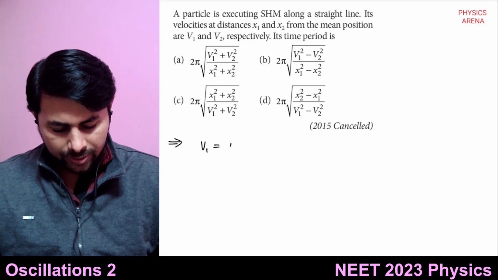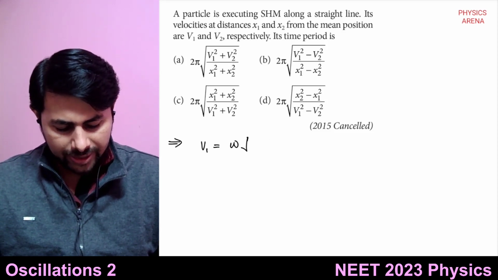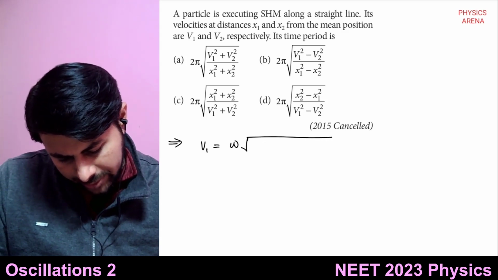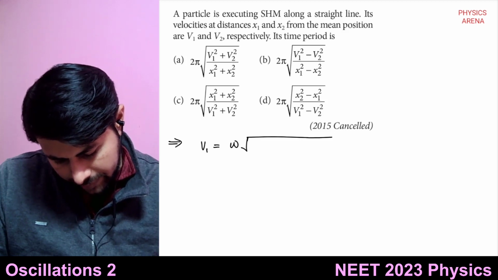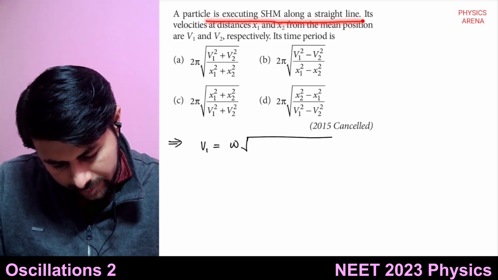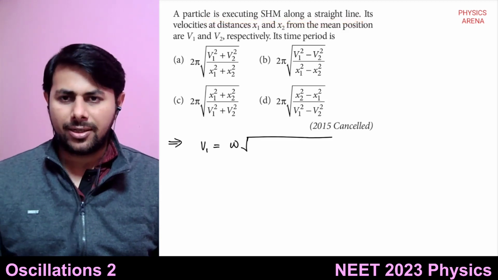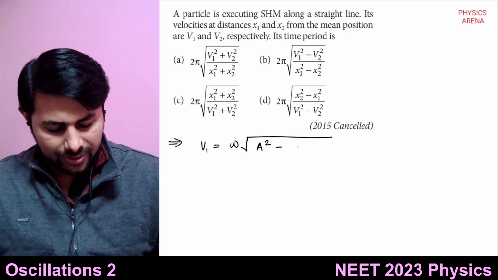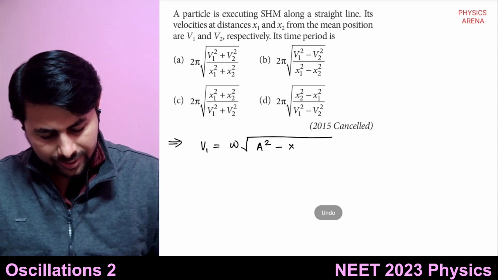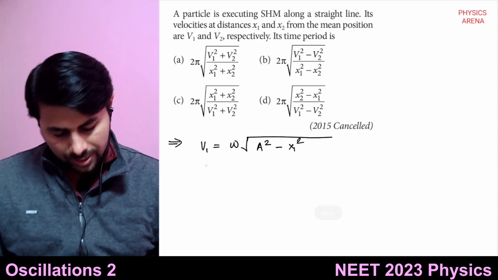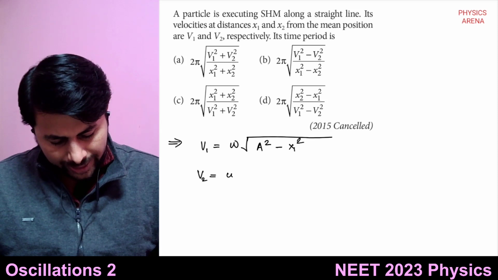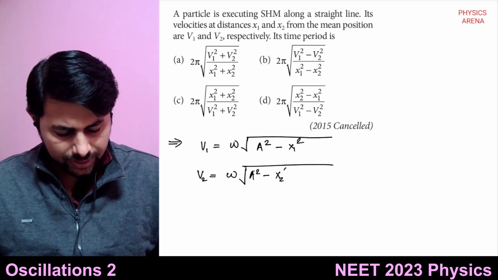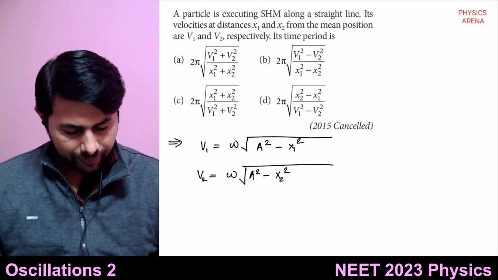It is omega multiplied by square root of a square minus x1 square. Is the amplitude the same? Yes, it's the same particle. v2 is omega multiplied by square root of a square minus x2 square.